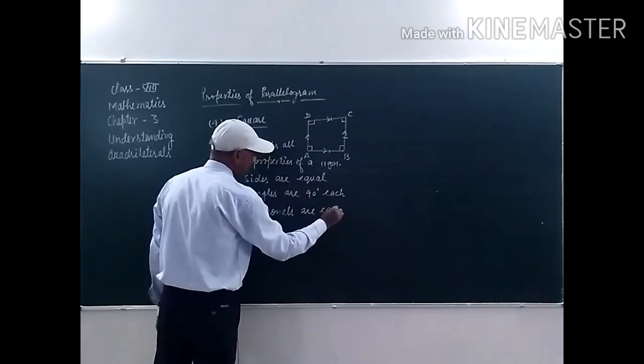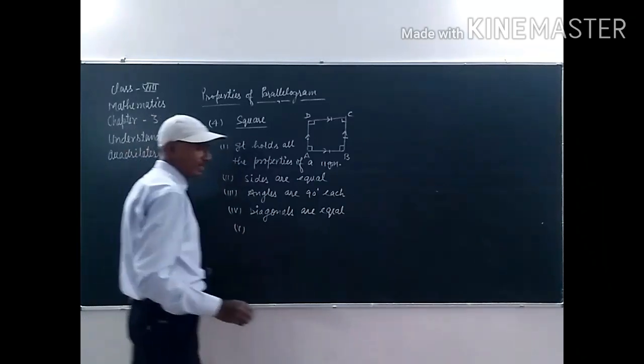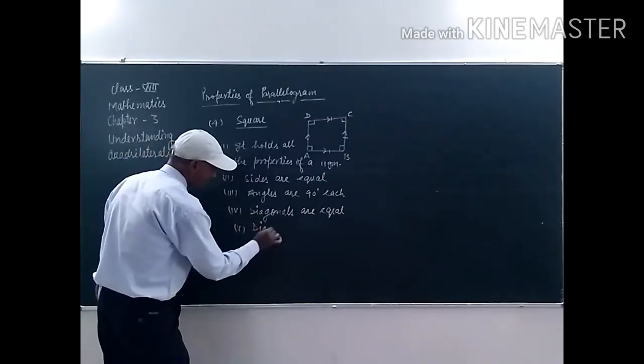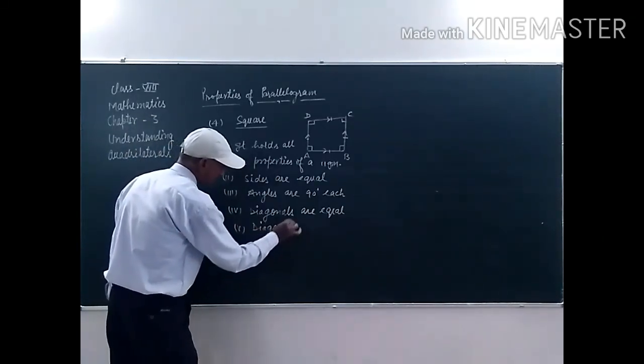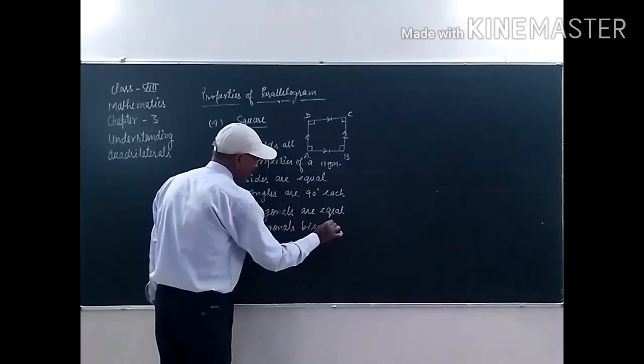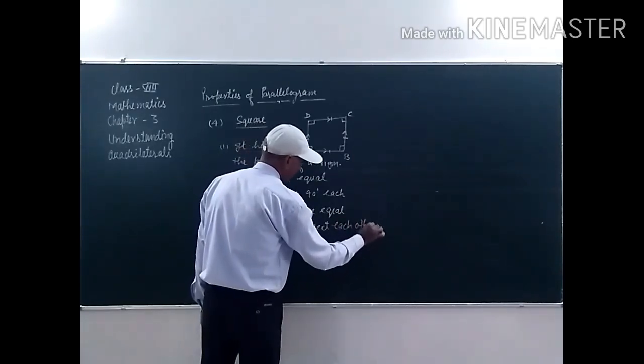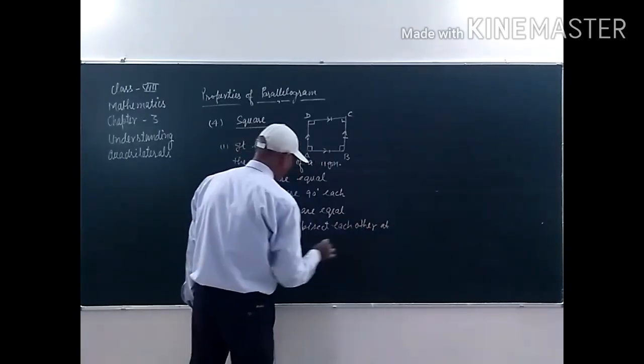And fifth property, diagonals bisect each other at right angle.